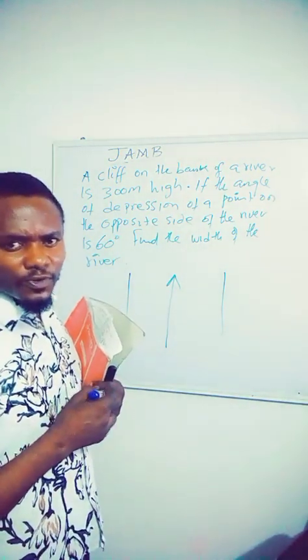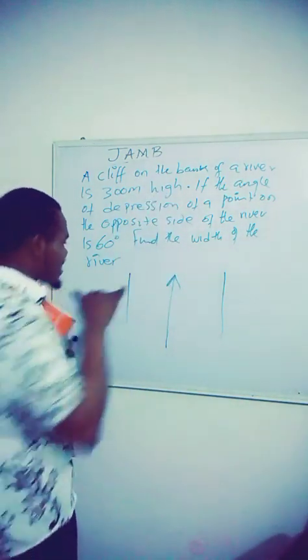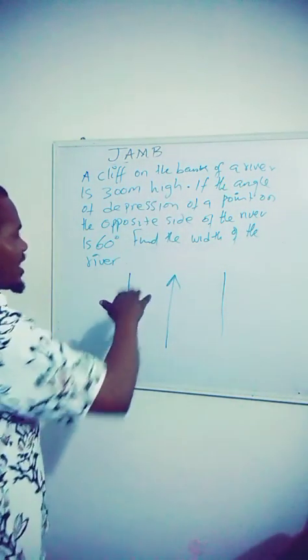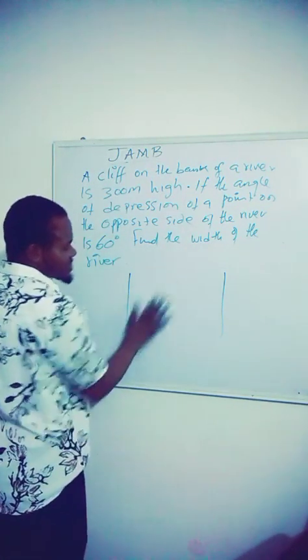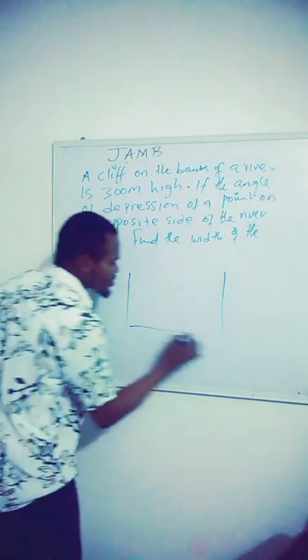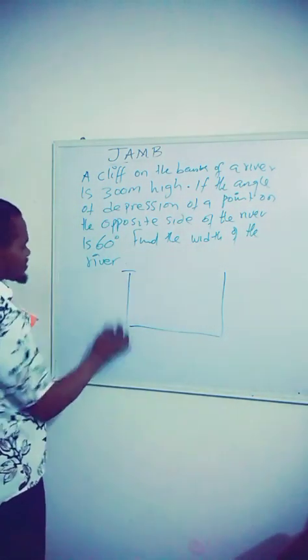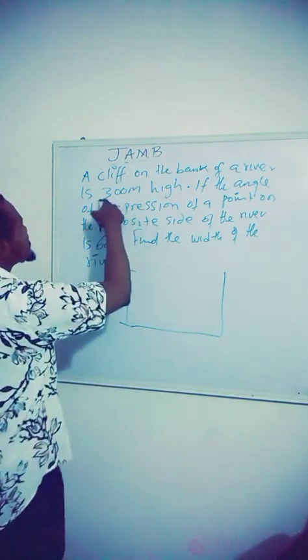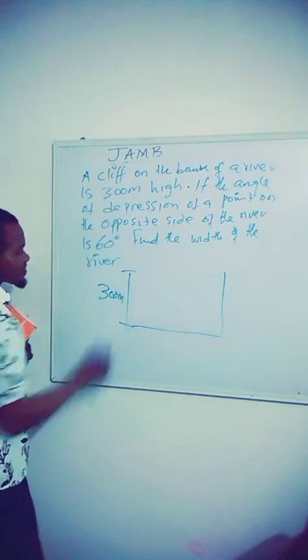Look at this: the water is moving this way, and you are having the cliff like this. Here is the level of water. So they are saying the height of the cliff is 300 meter.